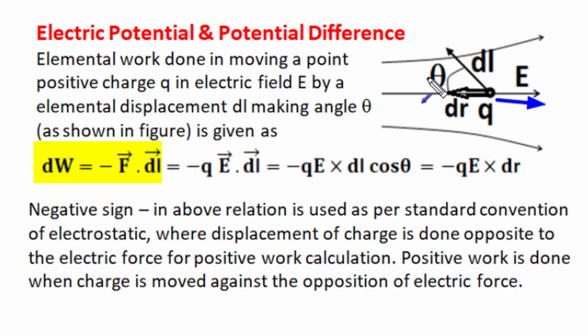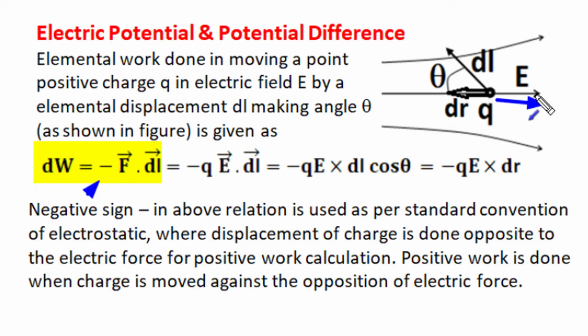So in electrostatic convention, for bona fide positive work calculation, we consider the component of displacement in the direction opposite of electric force, and in electrostatics by convention with this negative sign, elemental work is the dot product of force and elemental displacement considered with opposite direction of electric force.